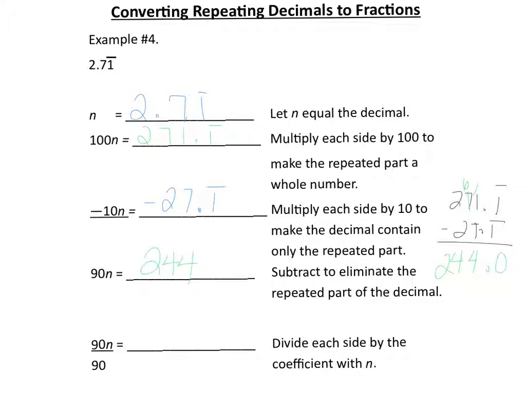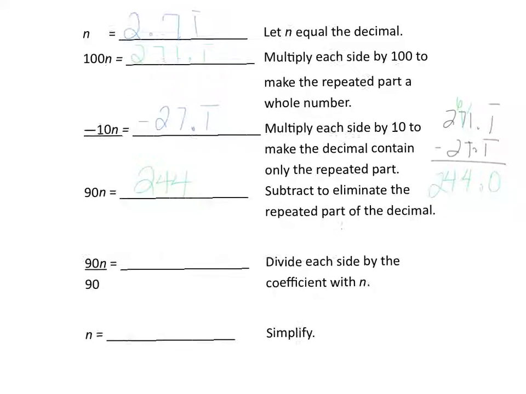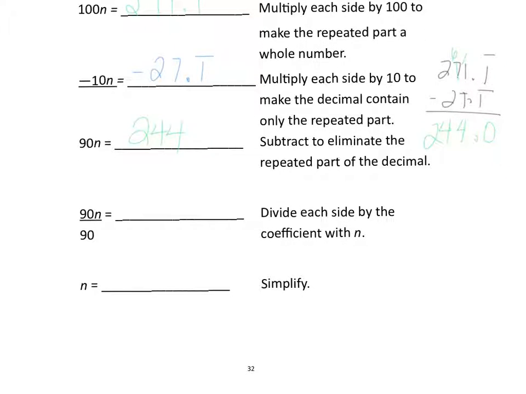So we get 244. Now, to get n by itself, we're going to divide. So we get 244 divided by 90. And we're going to simplify by 2.